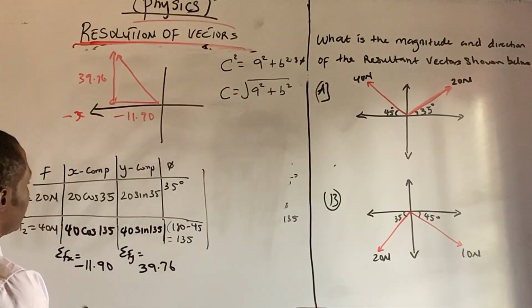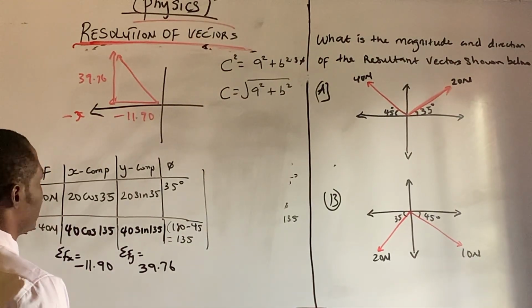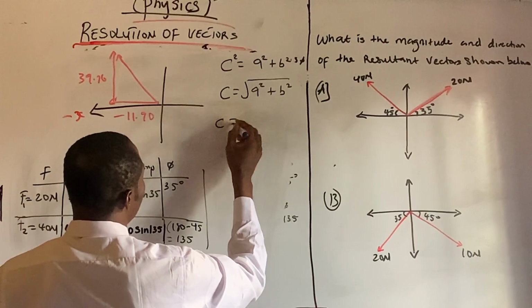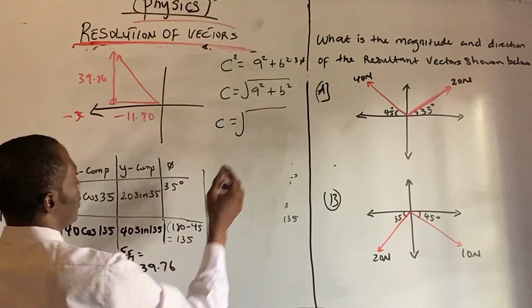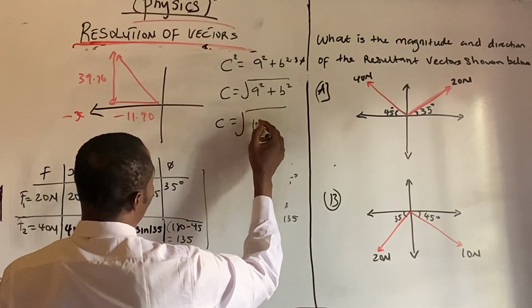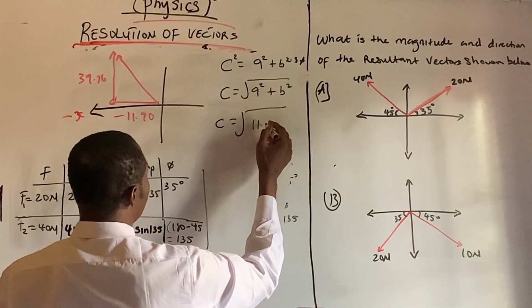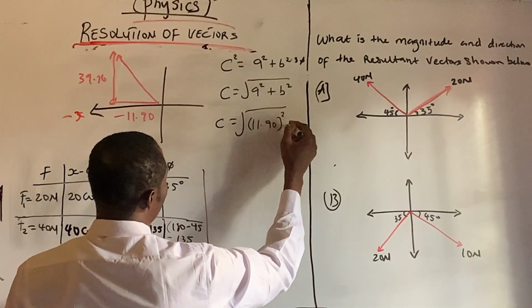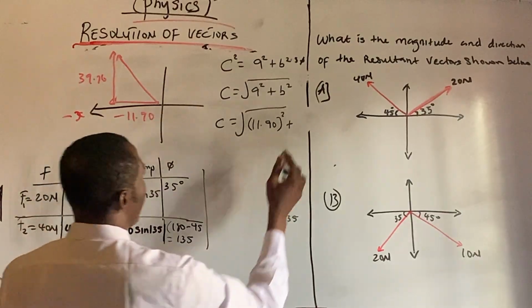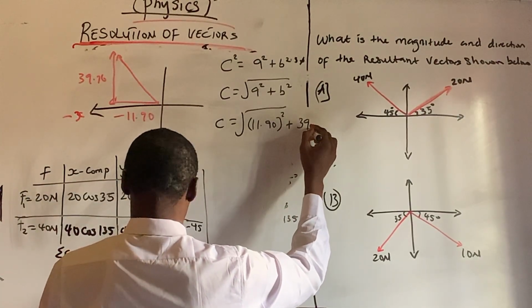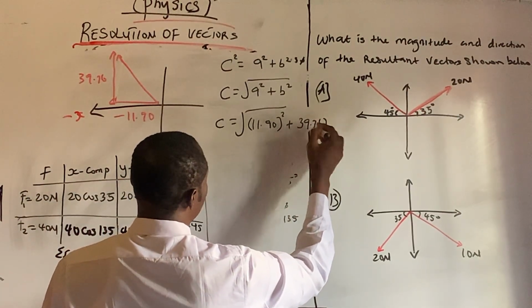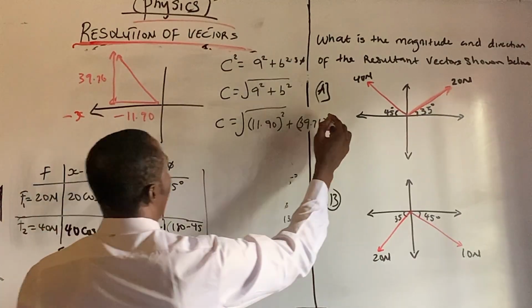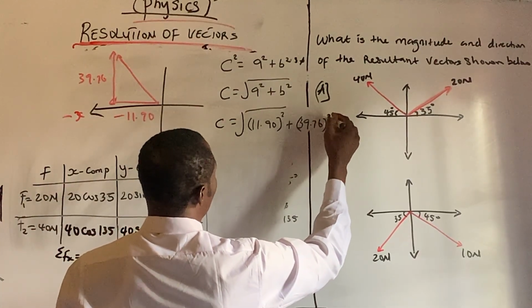Now, this is my x component, so c is equal to the square root of 11.90 squared plus 39.76 squared.